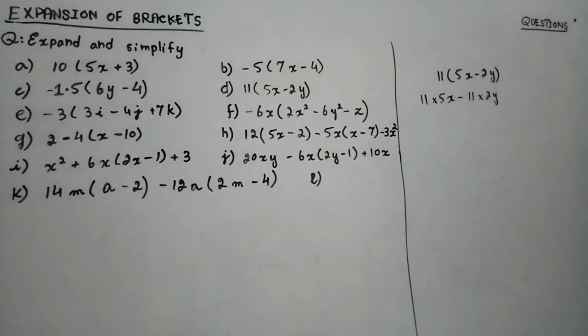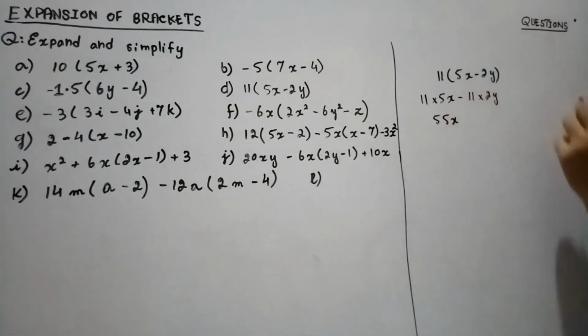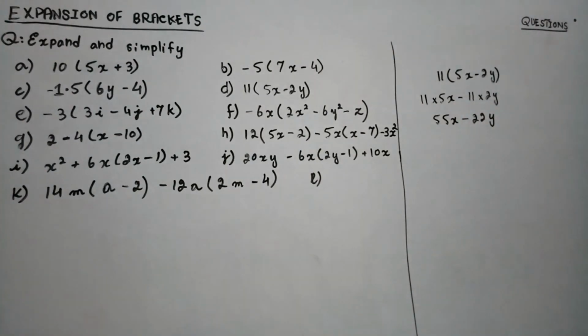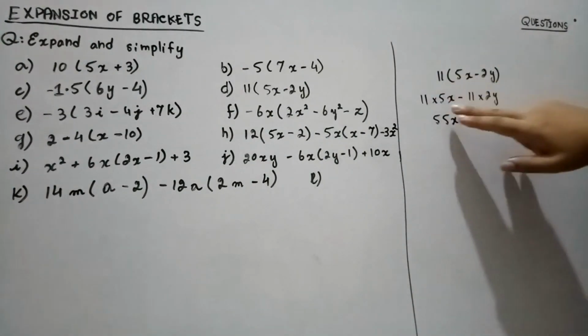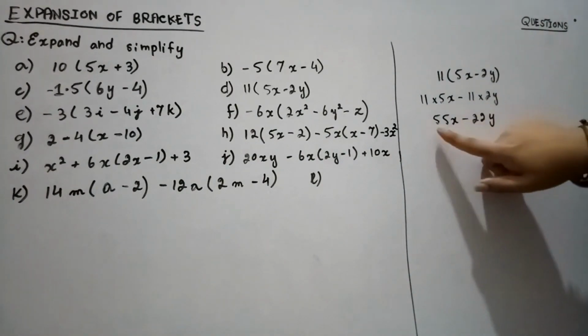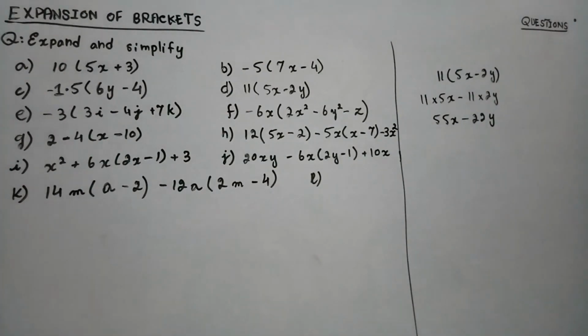So 11 5s are 55, and this x as it is, and now we have only one negative sign here, so I can write a negative sign, and 11 2s are 22, and this y as it is. That's an easy part we have. So 55x minus 22y. Clear?